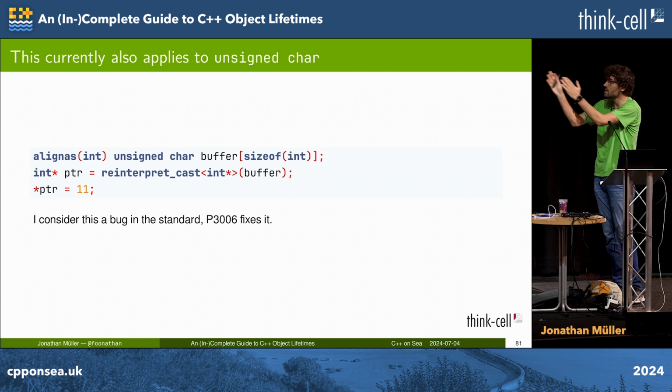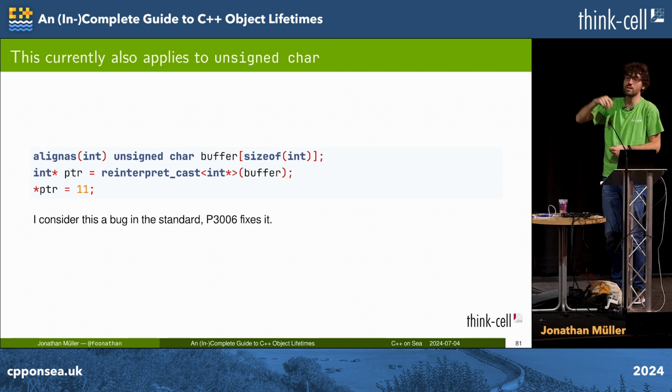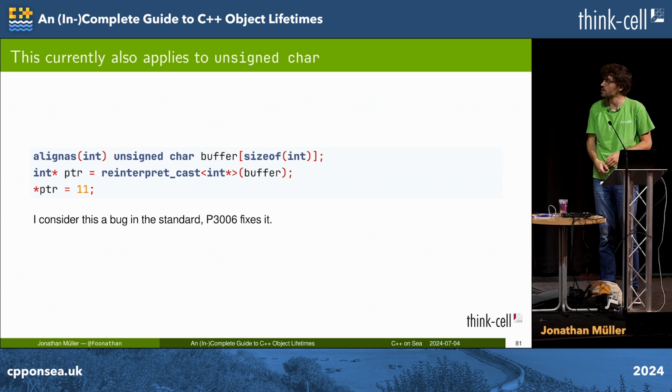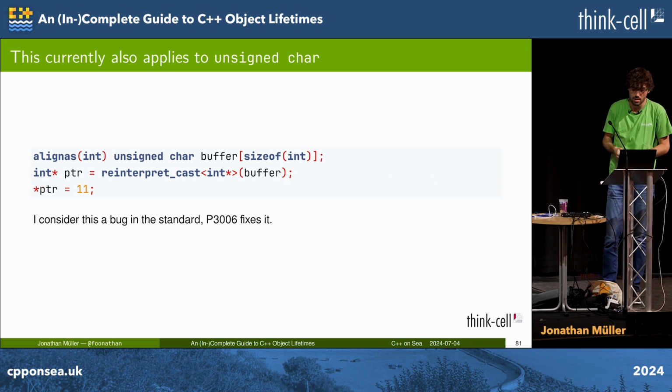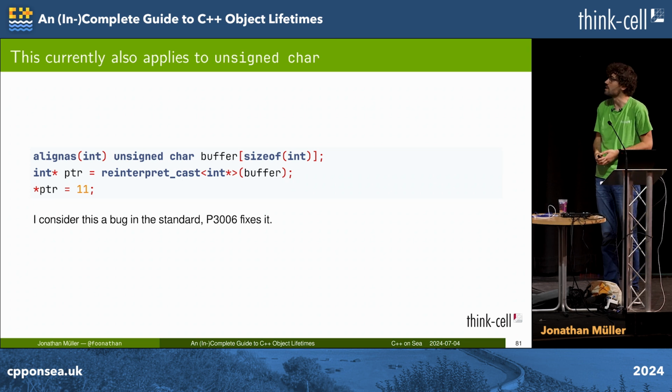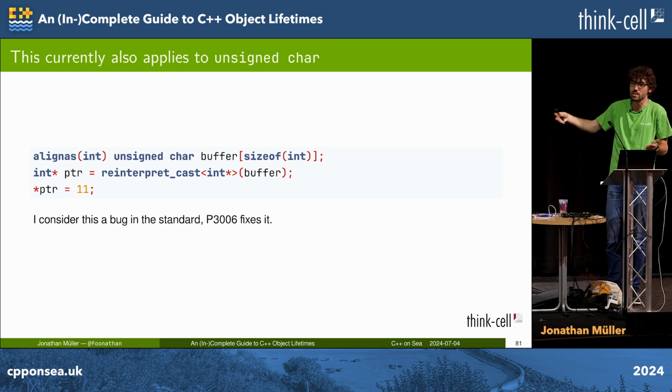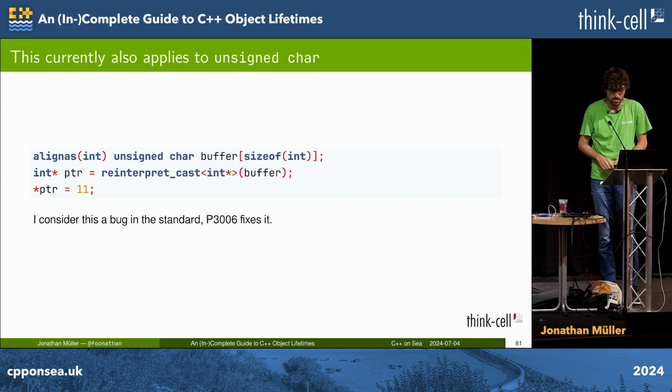This is just supposed to work, but currently we have to use launder in order to get the pointer to the actual int that would be created inside that buffer. And this paper fixes this. I'm just going to pretend that this is going to be merged because it's obviously going to be merged. I mean, never say that, but it's just weird that otherwise the unsigned char exception is completely useless because we can't do anything with it.